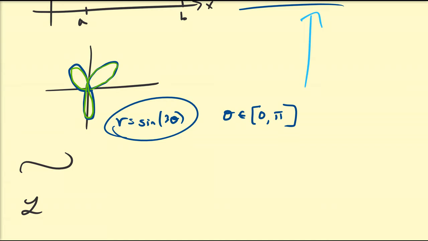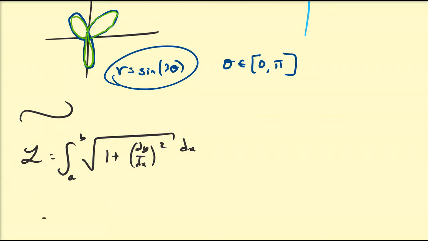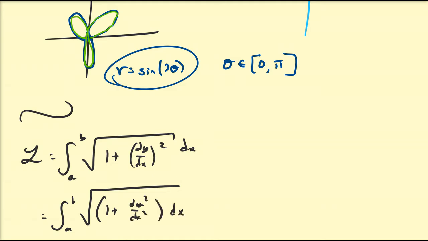So what we can do for this relationship, the square root of 1 plus dy over dx, the quantity squared, dx, is we can split up this differential dx as follows. We can represent this as 1 plus dy over dx squared times dx, the quantity squared.